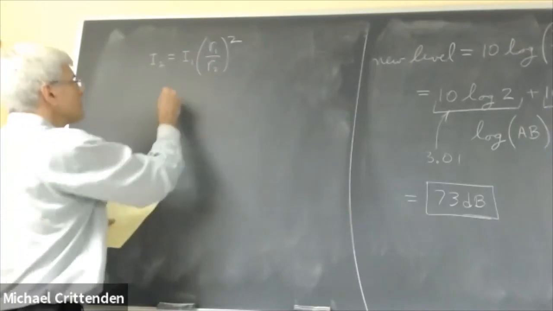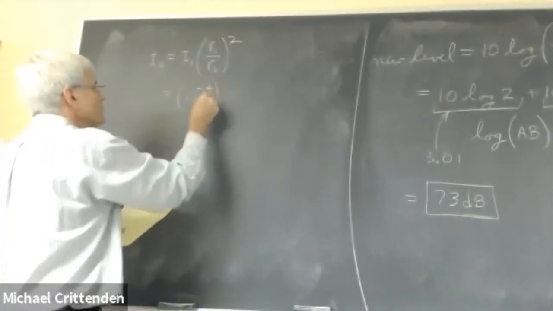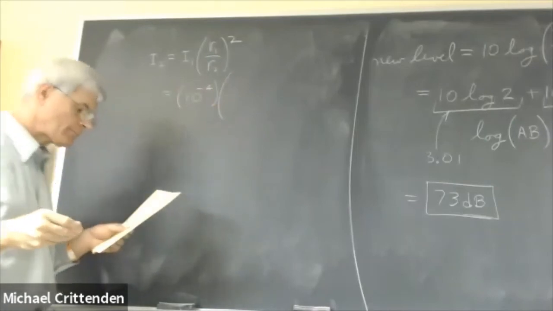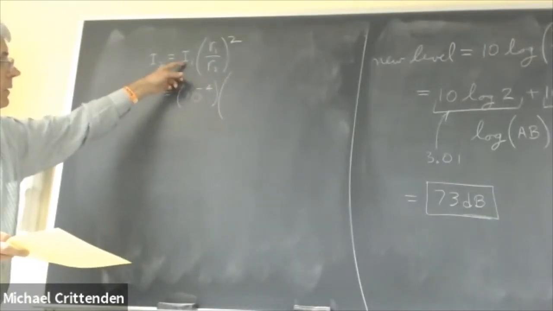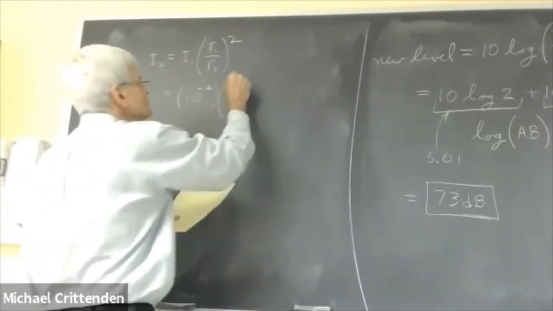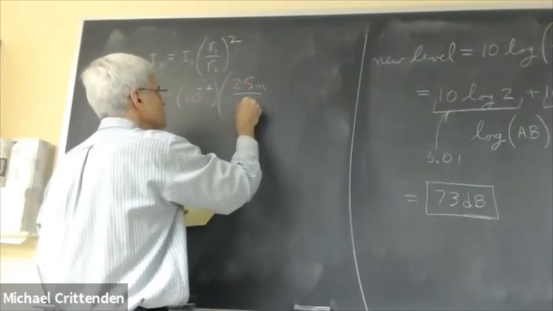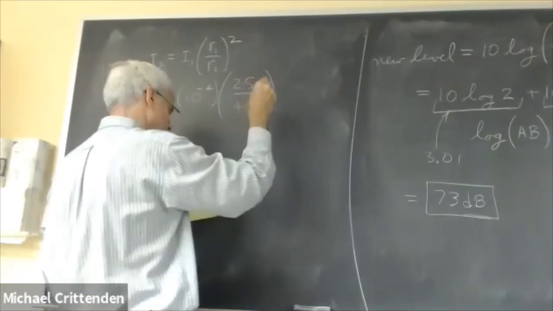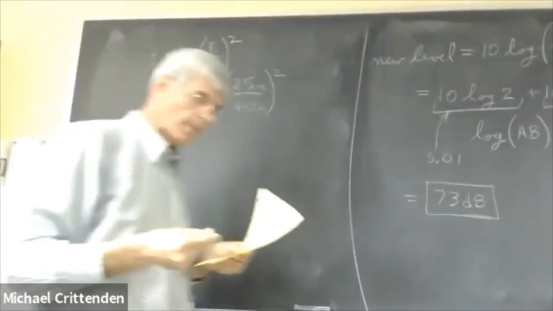Fill in the numbers. I just got done determining that I1 is 10 to the minus 4 watts per square meter. Fill in R1 and R2.